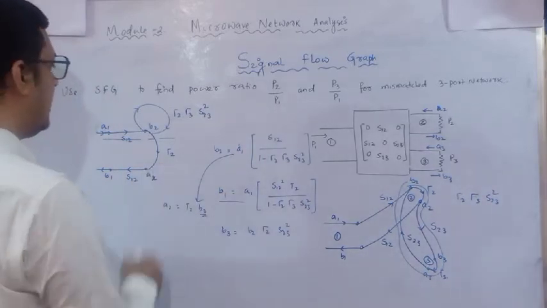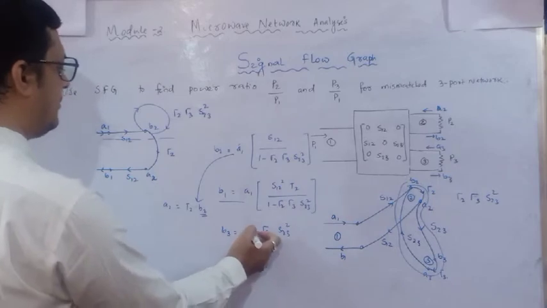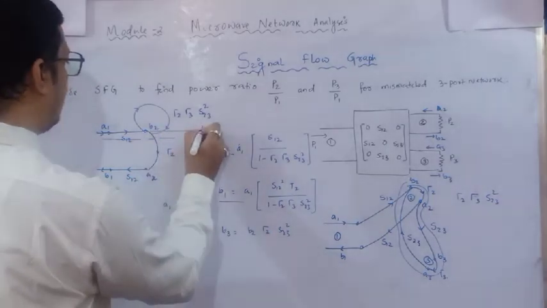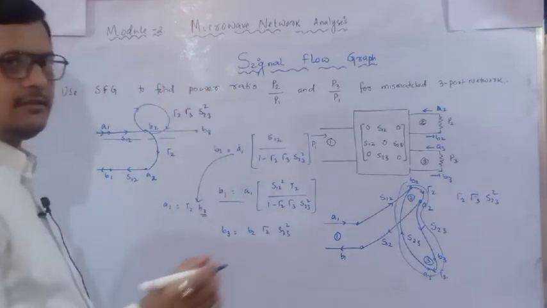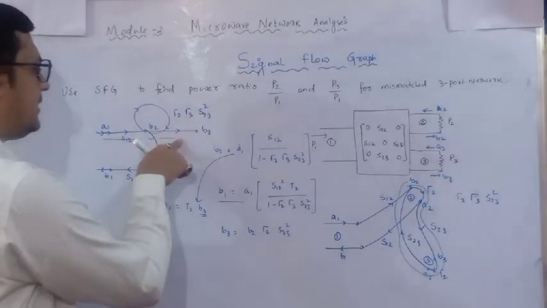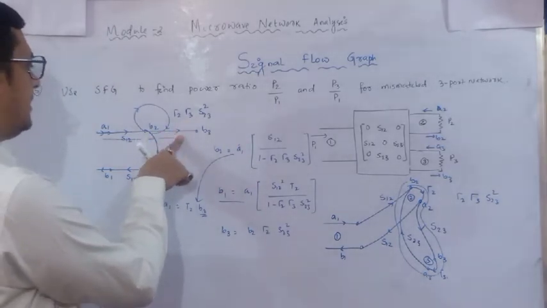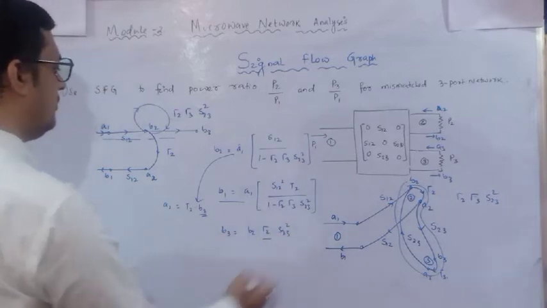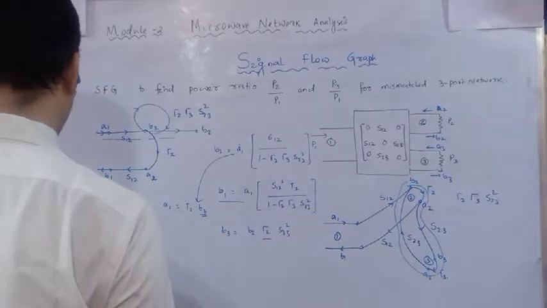Similarly, B3 is achieved. Okay, this is our B3 because A3 is not there. So B3 is equals to the scattering parameter available here into B2. So B2 into reflection coefficient 2 into S23 square.